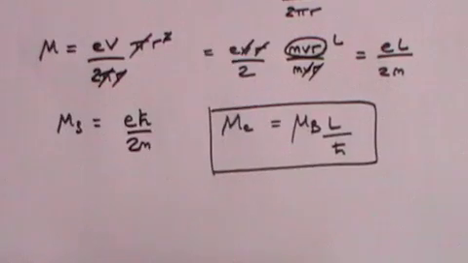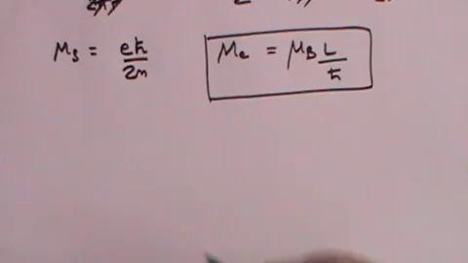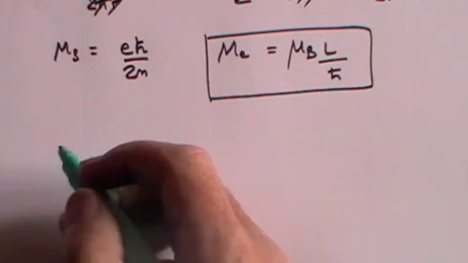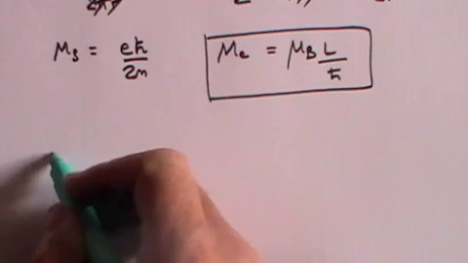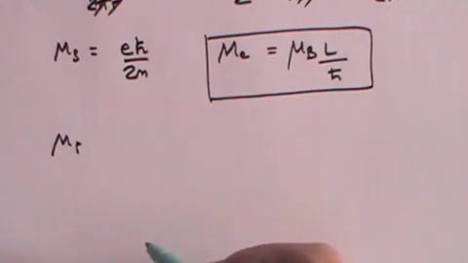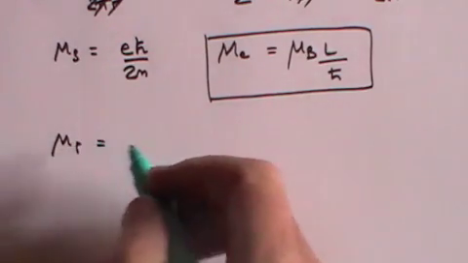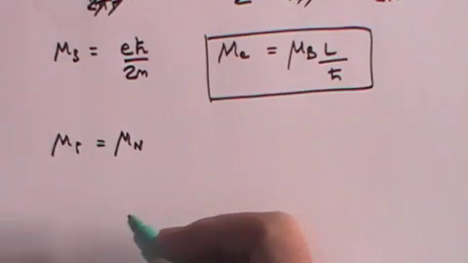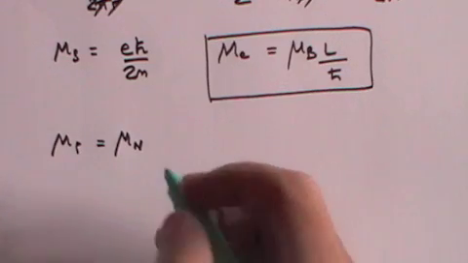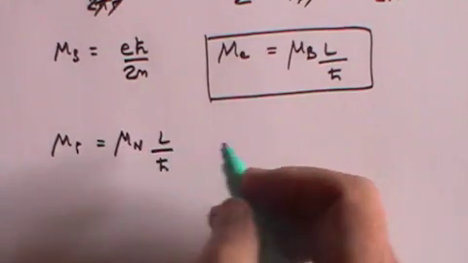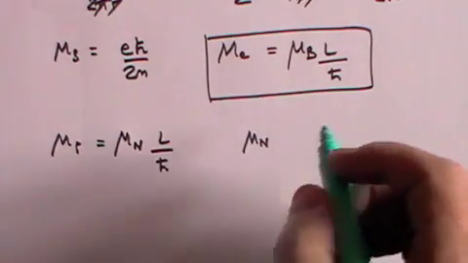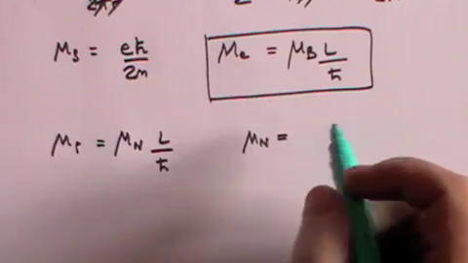And you won't be surprised to know that you can do exactly the same thing for a proton, even though classically the analogy doesn't work. And so the magnetic moment associated with the angular momentum for a proton will be what's called the nuclear magneton times L over ħ, where the nuclear magneton is rather like the Bohr magneton.